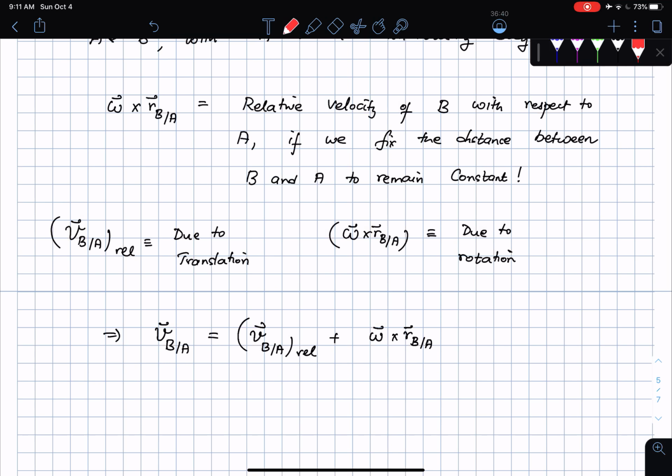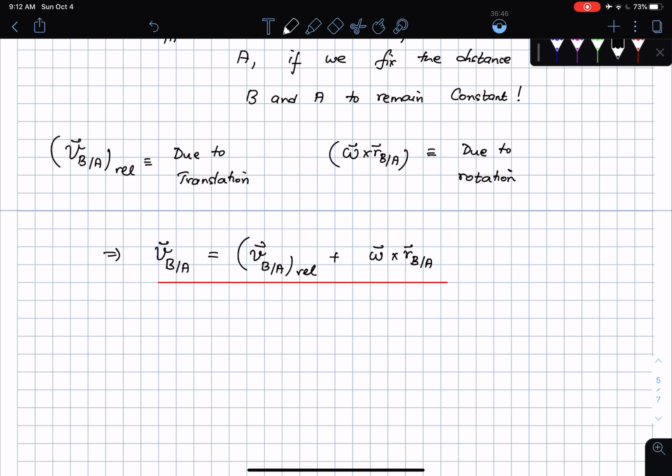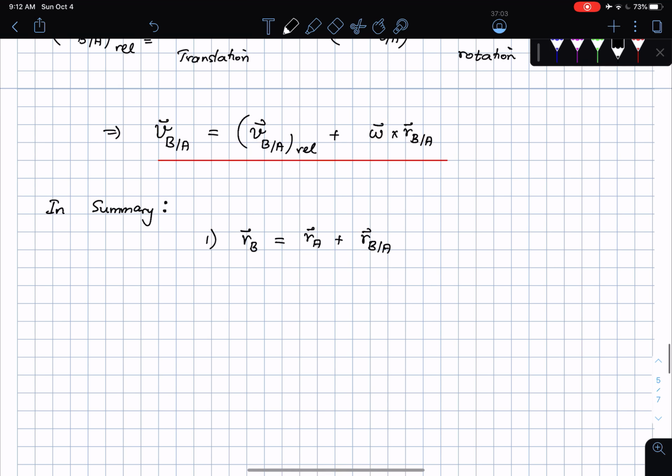Okay, that did not come out as a straight line, but bear with me for a minute. Almost there. Okay. All right, so in summary, I have the following. First of all, position of B is position of A plus the relative position.